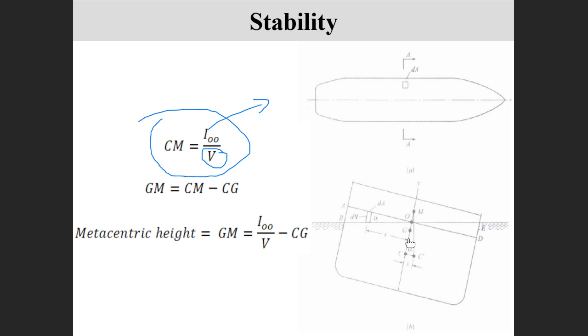If you agree with me, GM, this distance here, is equal to what? The total distance. So you have three distances, guys. GM, that is the height we are looking for, is basically equal to what, guys? The total distance CM or BM minus this distance CG.